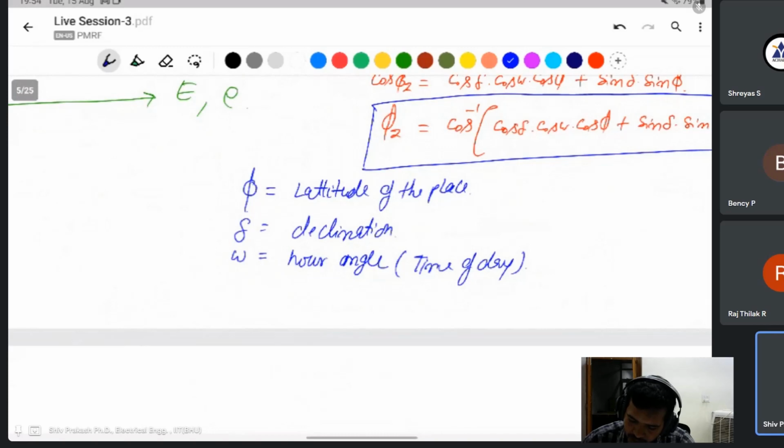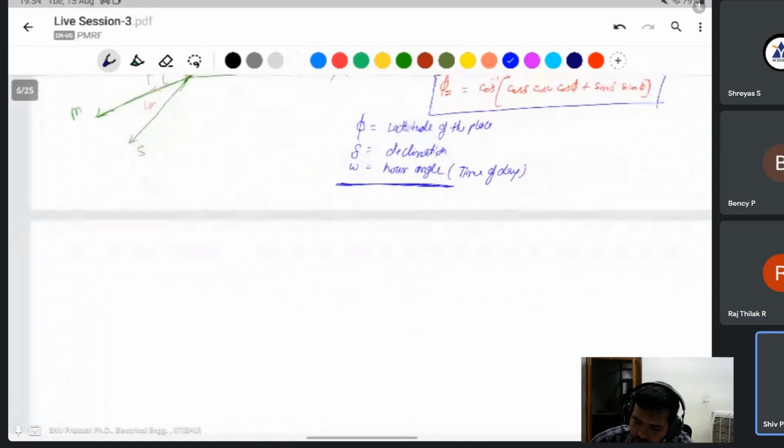For a calculation of the hour angle, you should know about the overall power.